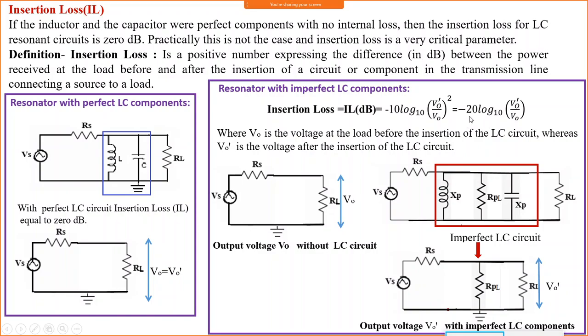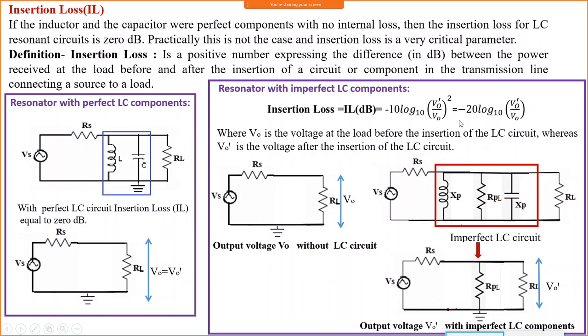So you can write it as minus 20 log of this ratio. This is the output power when the network is inserted, divided by the power without that network. It is a difference of power between when the circuit is inserted and when it is not inserted, and that gives the insertion loss.